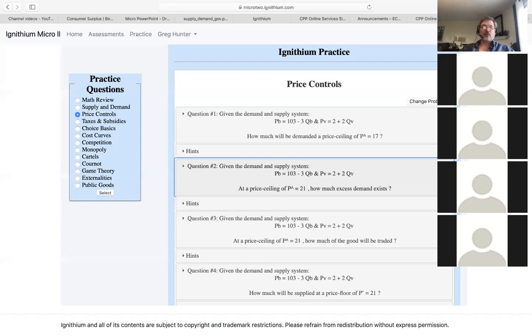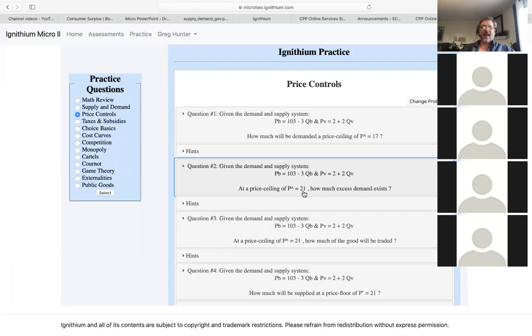So we'll ask you if you agree with these numbers in just a minute. Okay, so what do you think of that, Jacob? Do you agree with those numbers, the quantity demanded and quantity supplied at the price ceiling price of 21? Okay, Jacob says he agrees.